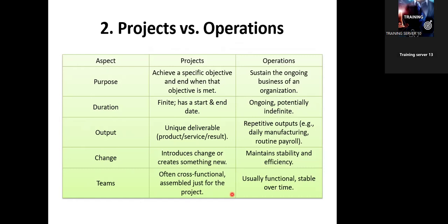And these things should be assembled, managed and operated according to the system of the company. While here, it's functional according to a specific department, like the production department, marketing department, financial department, whatever. So it's a stable operation, and it takes time to make a change.